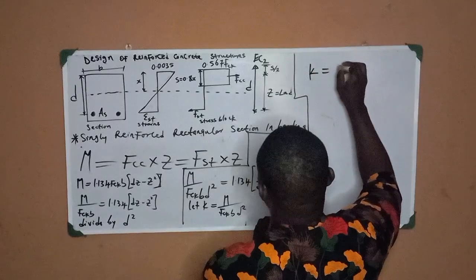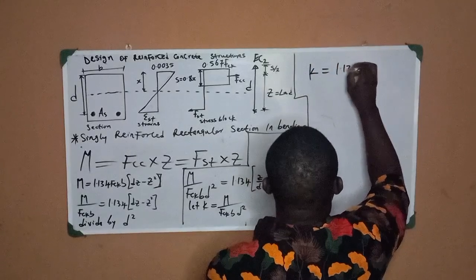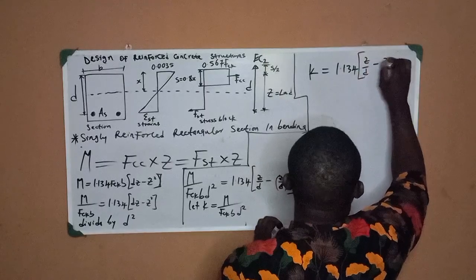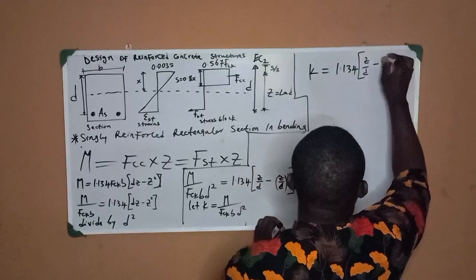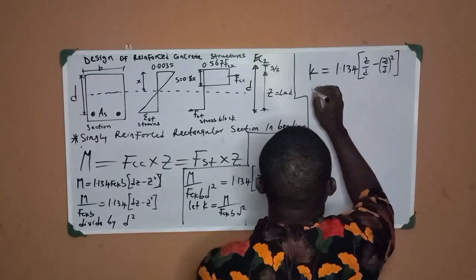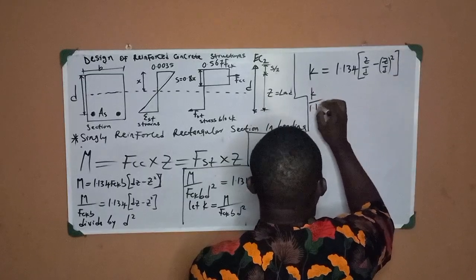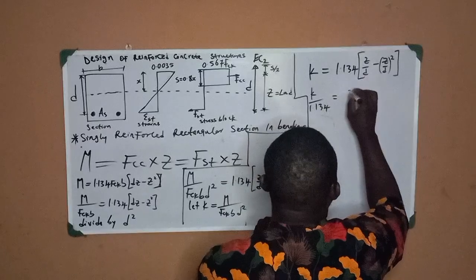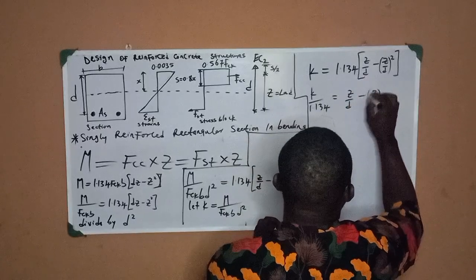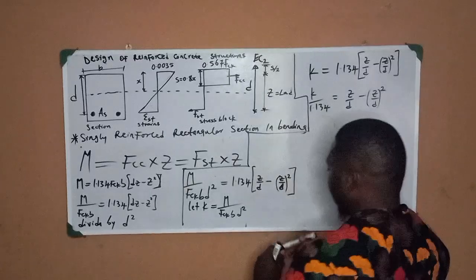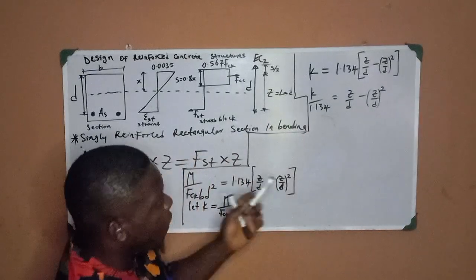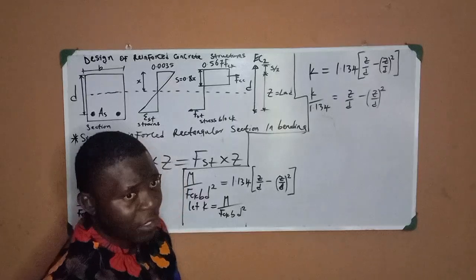k equal to 1.134 into z over d minus z over d, squared. So divide through by 1.134, k over 1.134 is equal to c over d minus z over d, squared. So this is looking like the usual quadratic equation.